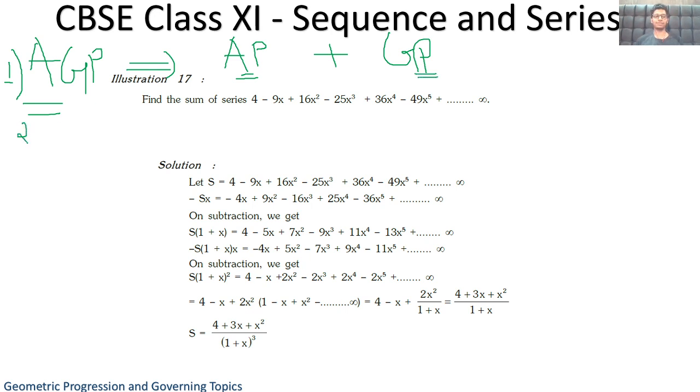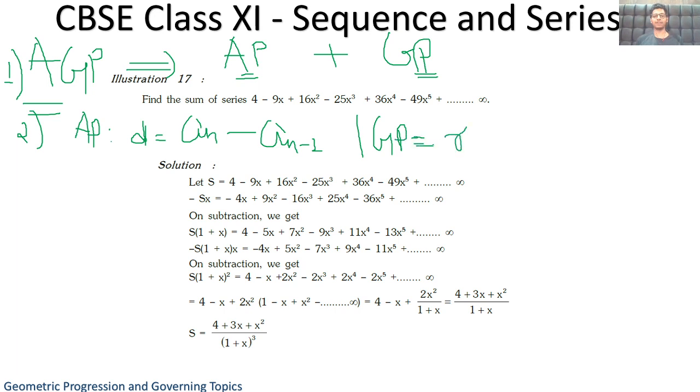The second step says that in the AP you need to find the common difference, which is nothing but the succeeding term minus the preceding term. And parallelly in the GP, you need to find the common ratio, which is R, and it is nothing but the succeeding term divided by the preceding term.